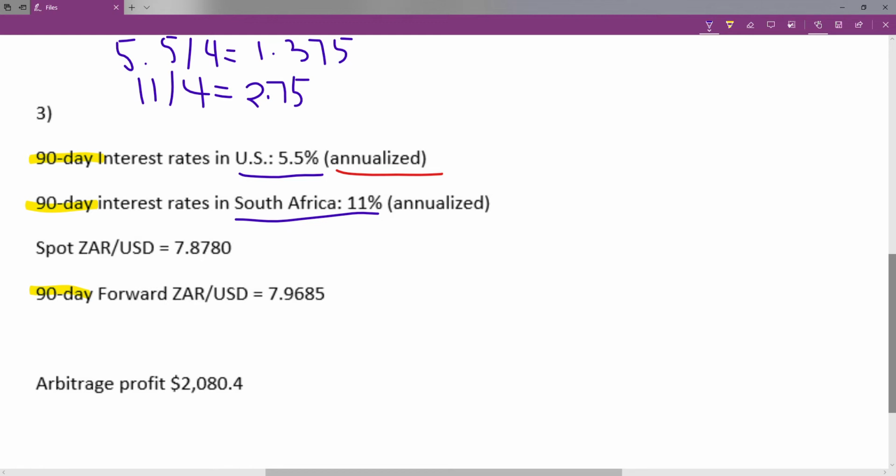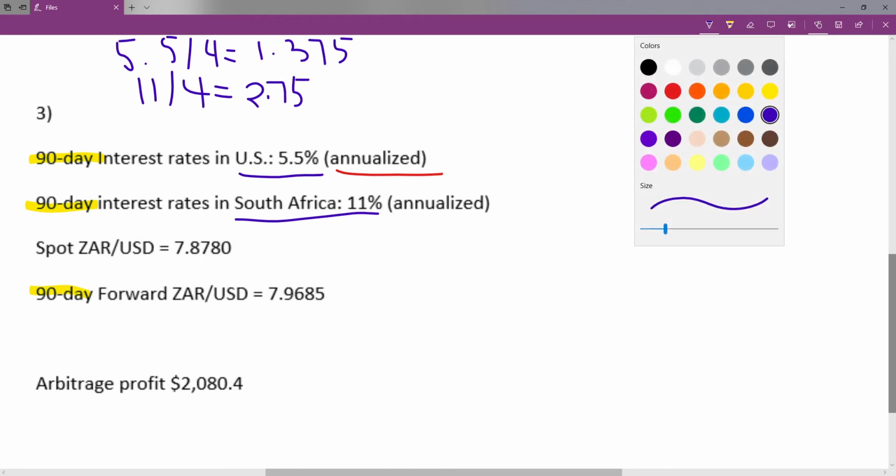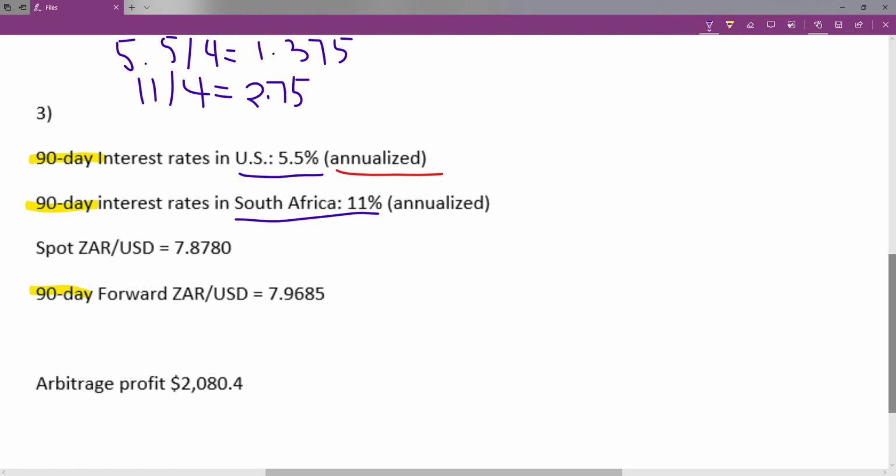So we're going to use a formula. This is the formula we're going to use to get the first part of the problem solved. So 1 plus IH equals forward over spot times 1 plus IF.